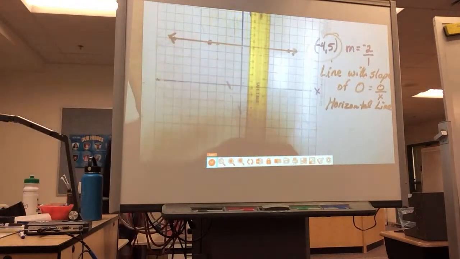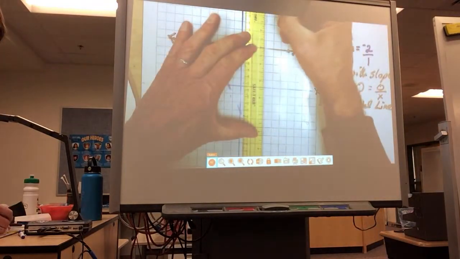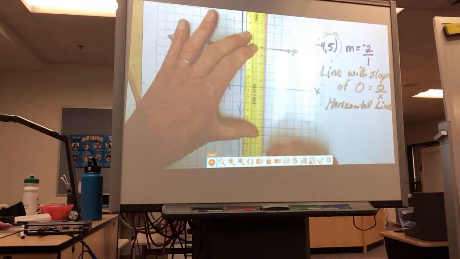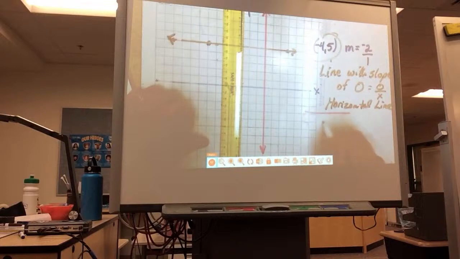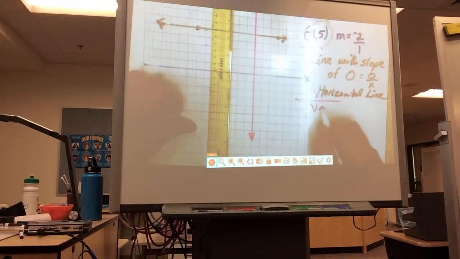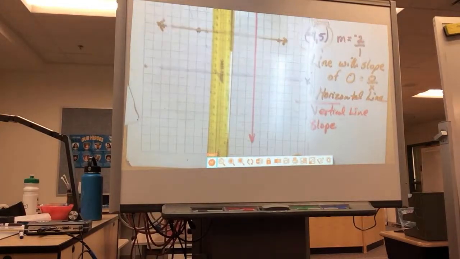Okay, here's another line for you. We'll put the line out, and then the question is, what do you think the slope is? So this red line, it's a vertical line. What do you think the slope would be?